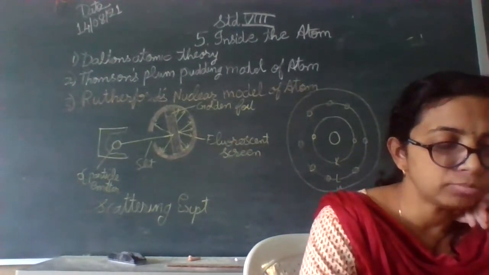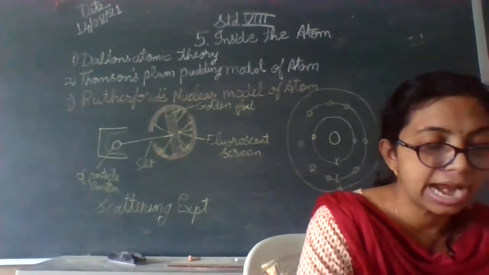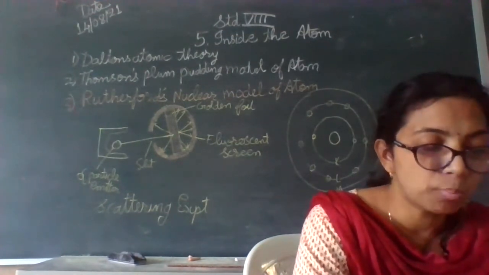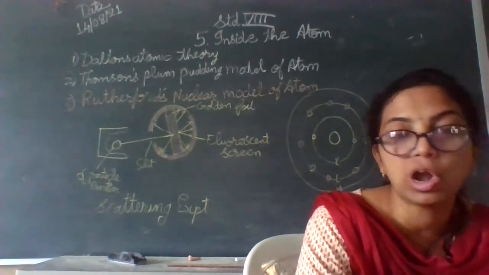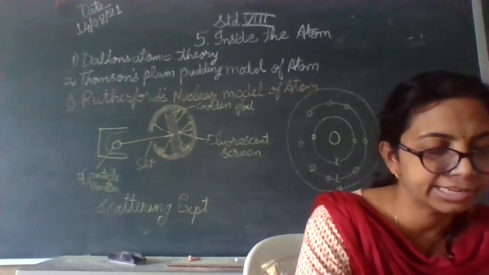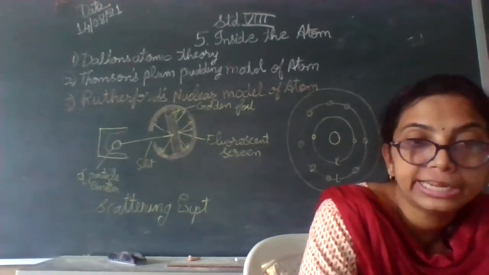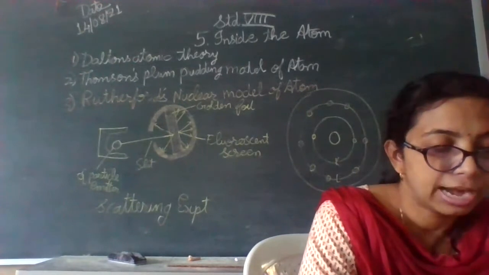Then atomic structure was studied in depth with the advent of a new branch of science called quantum physics. Quantum mechanics was the topic, and he studied much more detailed parts of the atom.